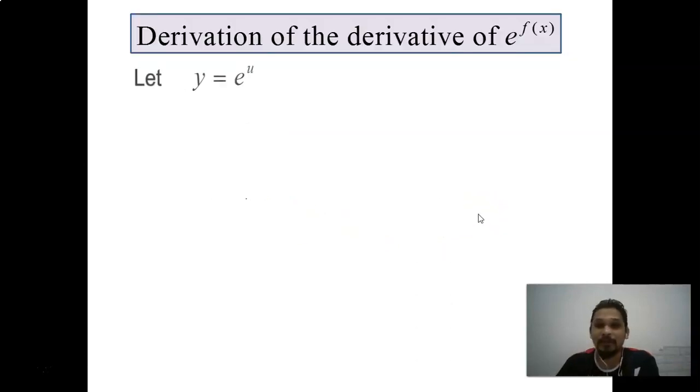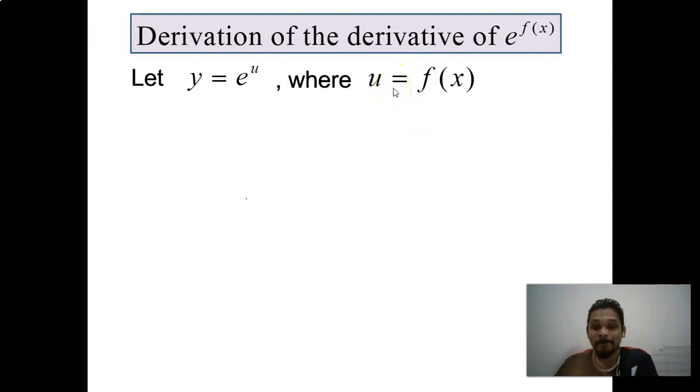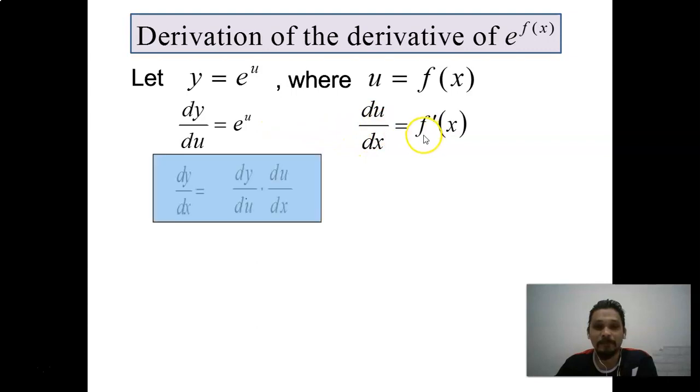Okay, so the derivative of e to the power of f(x), where u equals f(x). Then dy/du equals e to the power of u, and du/dx equals f prime x.